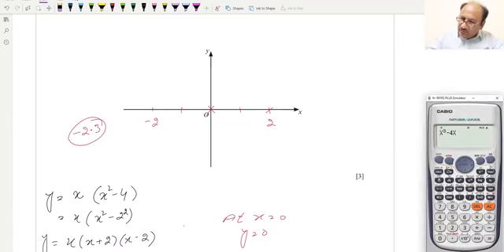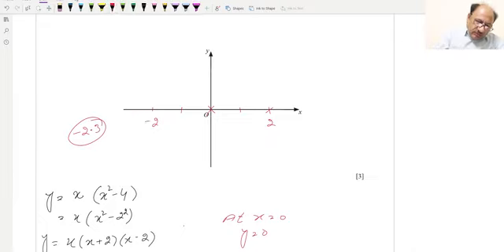So if we calculate for x is equal to minus 2.3, we will check whether we will be getting a negative value or positive value. We are getting a negative value. Negative value means if we move this side we are going below the x-axis. So we are approaching minus 2 from this side.